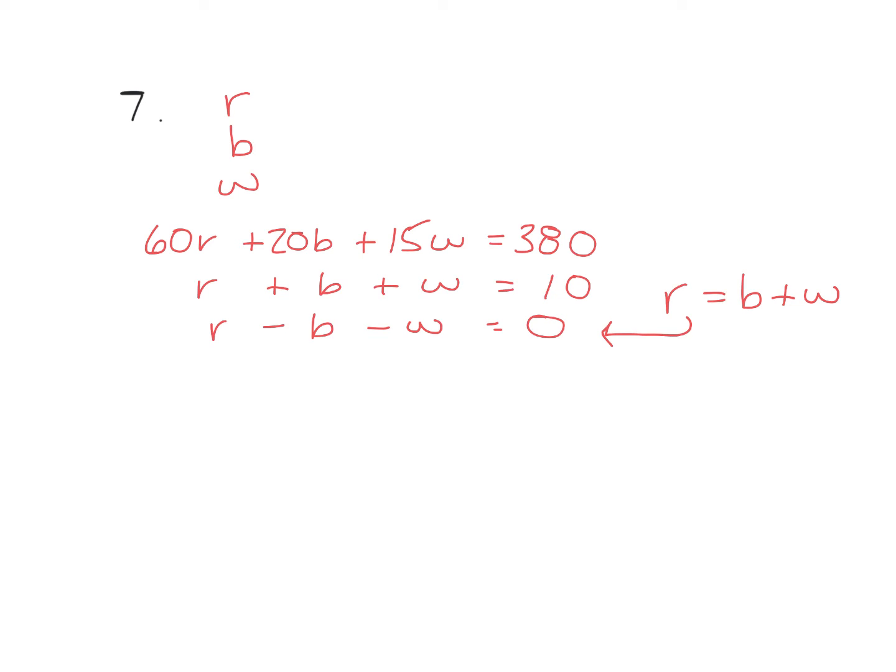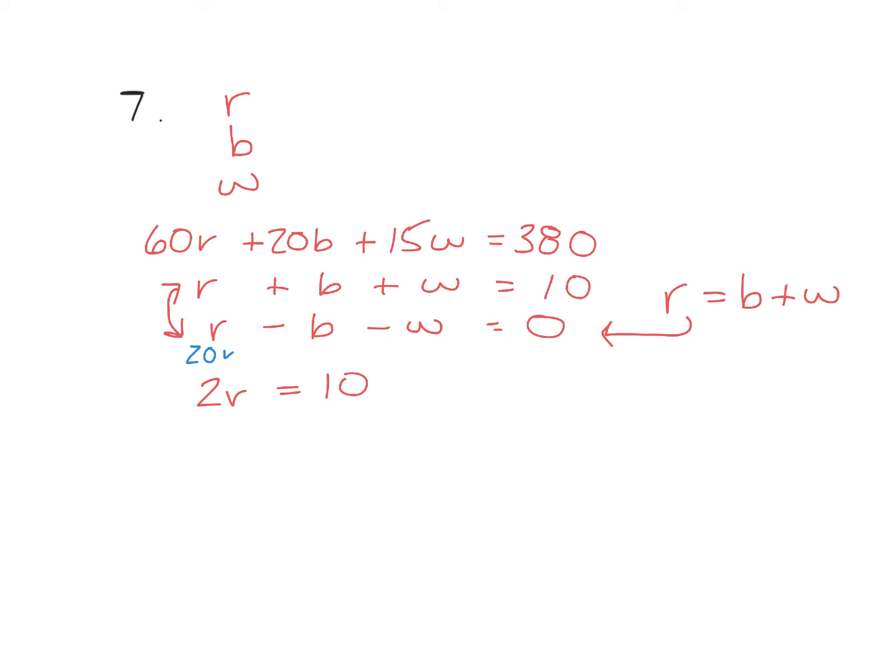I'm going to eliminate b here, or w, so I'm going to add these two equations together. And that's going to give me 2r. The b's would eliminate and the w's, so 2r would be 10. Eliminating b again, I can multiply this last equation by 20.